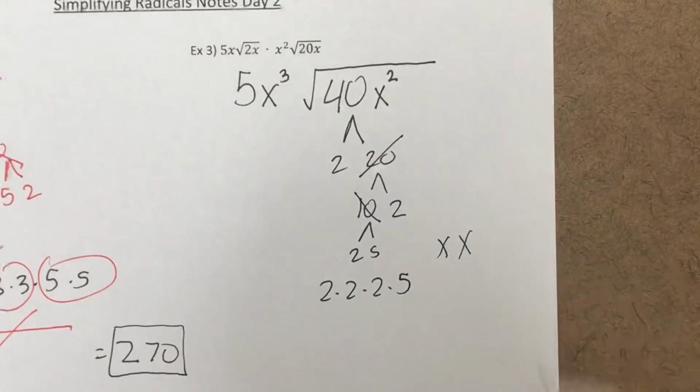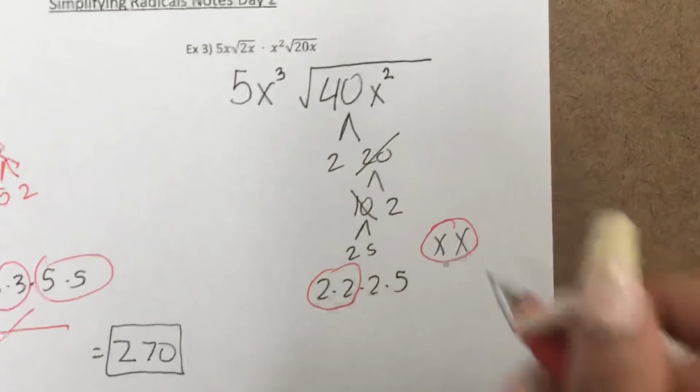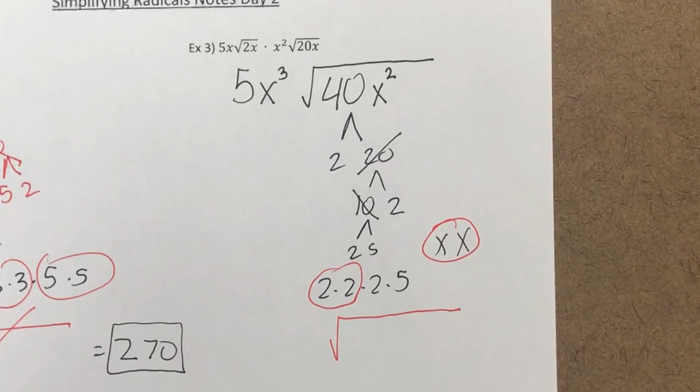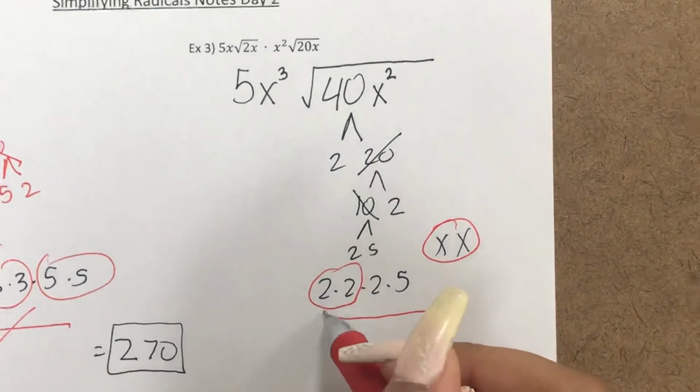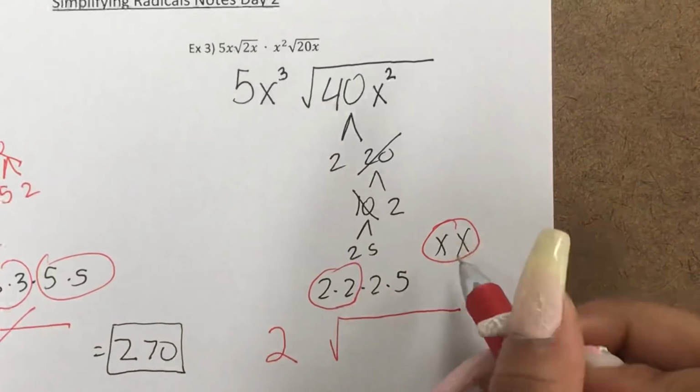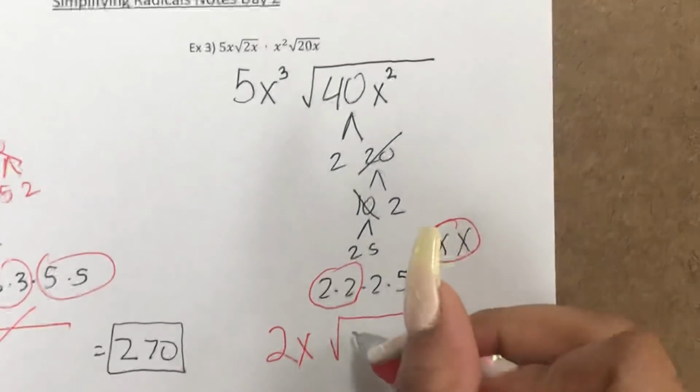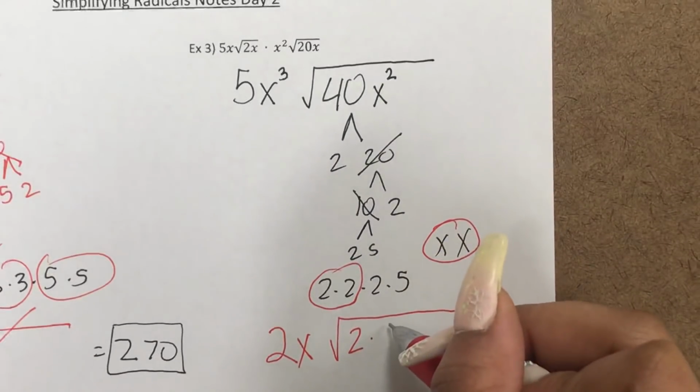Group them up. Okay, so on the outside, I have a group of 2 that made it into a group, and I have a group of x that made it into a group. What did not make it into a group is the 2 and the 5.